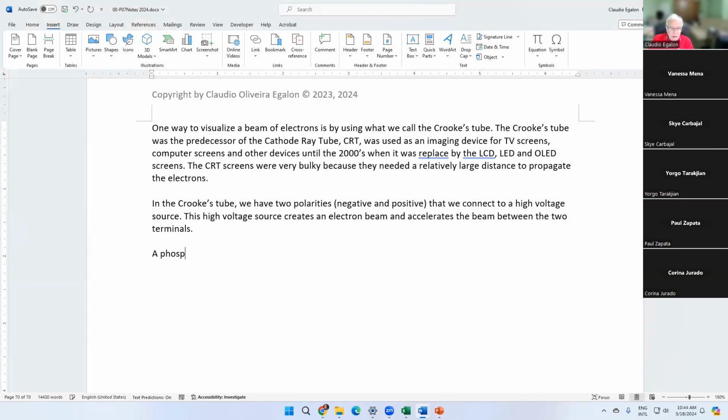A screen with a phosphorescent substance is used to visualize the path of the electron beam.